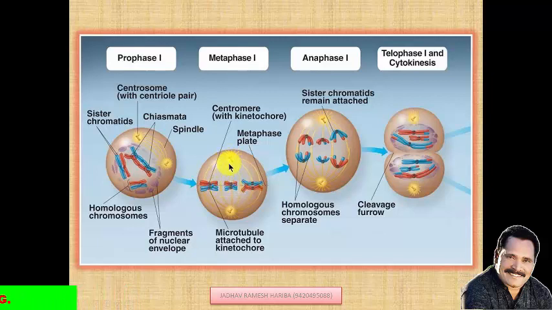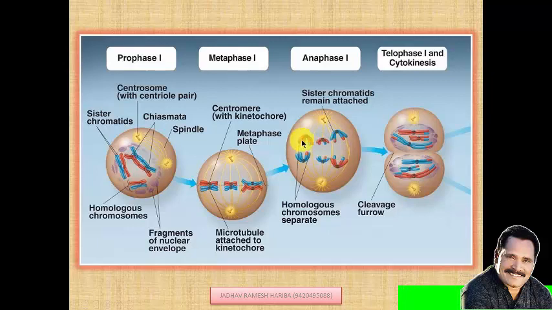And this centriole, then this cell undergoes anaphase first. In the anaphase, here there is a separation of homologous chromosomes, not sister chromatids.